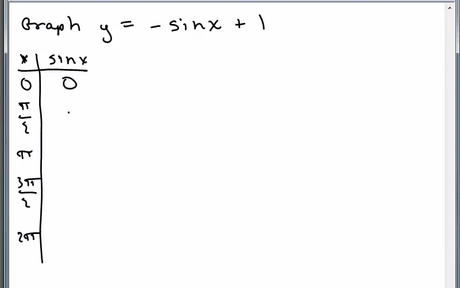And remember, it goes 0, 1, 0, -1, 0. Those are the ordered pairs we want to have down pat. Using this, see if you can figure out what the ordered pairs are and then graph it. So put the video on pause and try this on your own first.